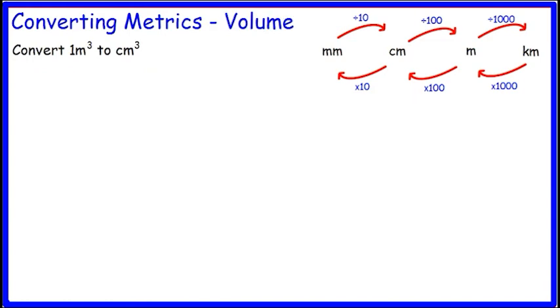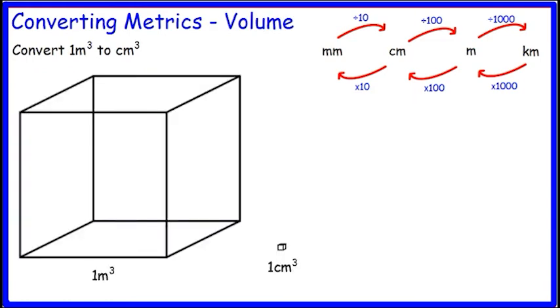Okay, same idea for volume. So for volume, I have a shape. If we look at this time, how many centimeter cubes go into a meter cube? So if I pick that up and put it down, I'd have 100 there, 100 there, and 100 there. I'd have 100 in those three places. So 100 times 100 times 100 is equal to 1 million.